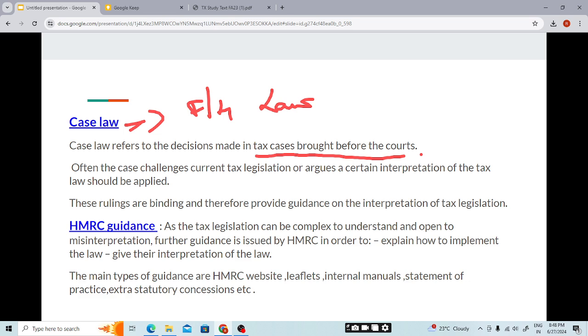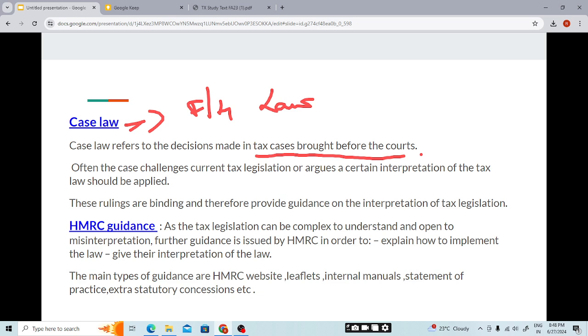So case law means, now I'll take an example. If any income tax rule is there and we are not able to understand it properly, we have some issues in that, and the matter has gone to the court, the court will say okay, this is that. The HMRC will be solving the taxation laws.